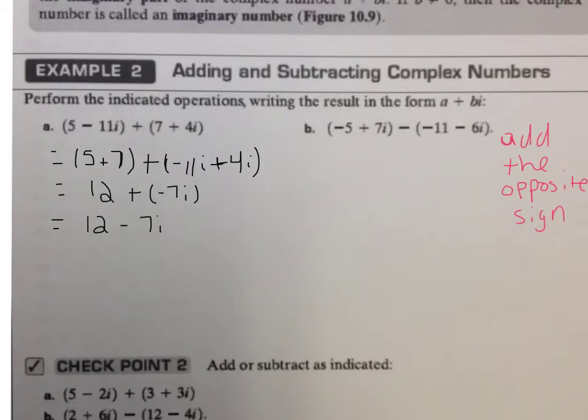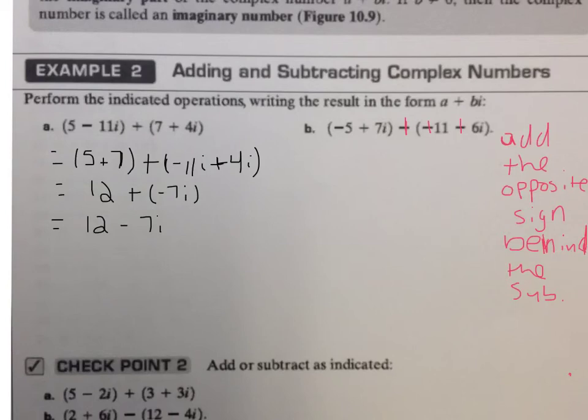So that means everything behind the subtraction. Let me abbreviate subtraction there. So I'm going to change this to add, and I'm going to change all the signs here. So if these were positive, they would become negative. But since they're both negative, they're going to become positive.